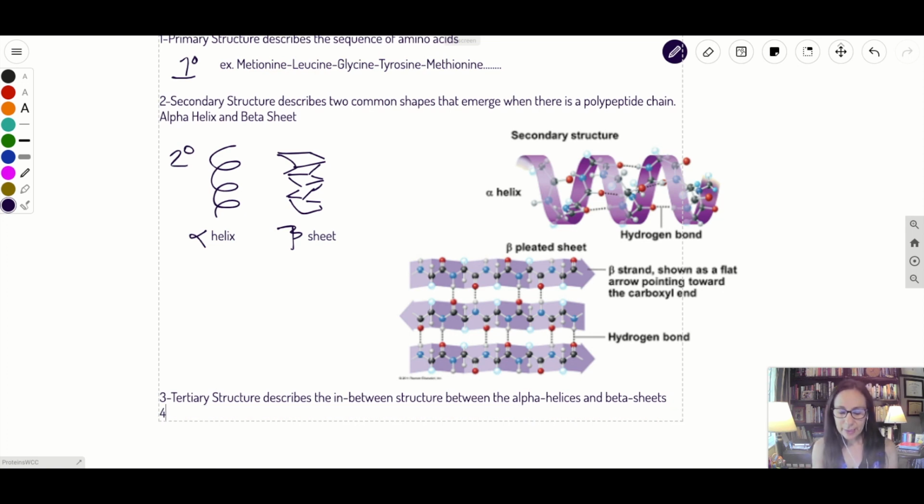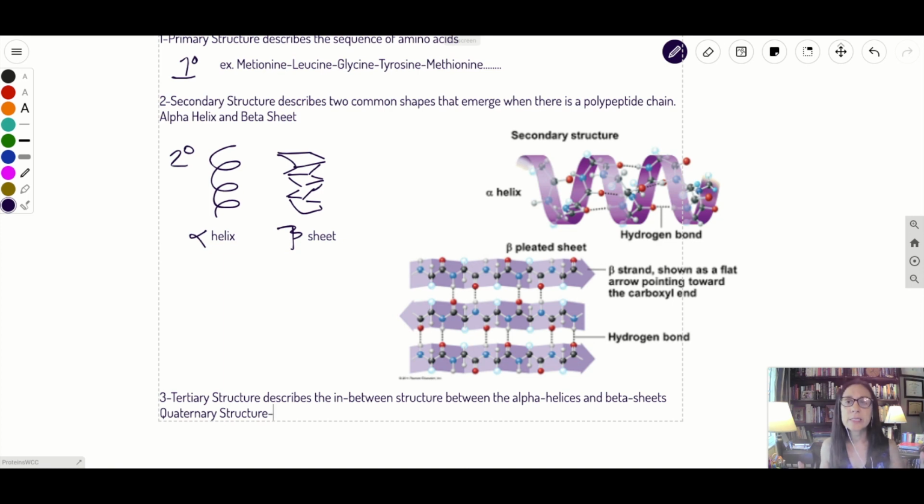Okay, and then the last structure is called the quaternary structure. I knew I was going to misspell that. Quaternary is spelled like this. The quaternary structure describes the number of polypeptide chains in a protein. It's not always just one. You saw that there was a string of amino acids.